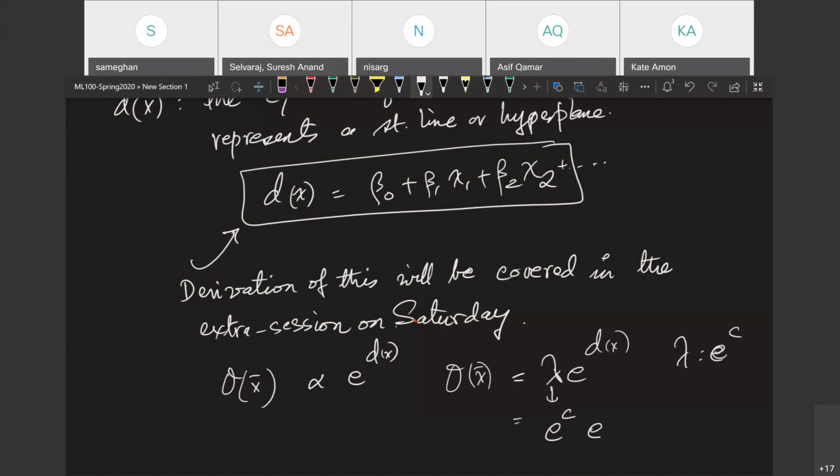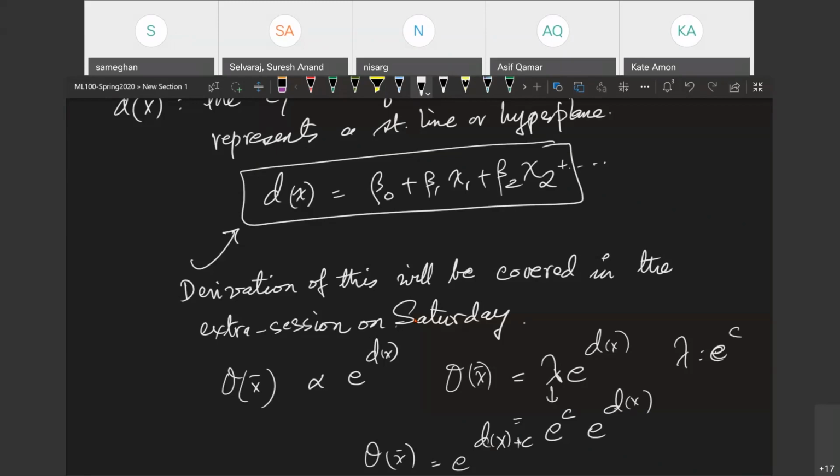And so it will become e to the D x. So what we are saying is odds of x is equal to e to the D x plus c. Now what does D x plus c do? It just shifts the line. It just adds a constant to that, which is not terribly useful. It just moves the line a little bit.